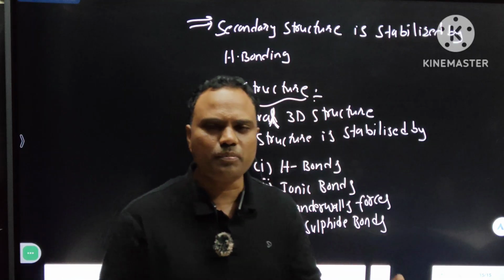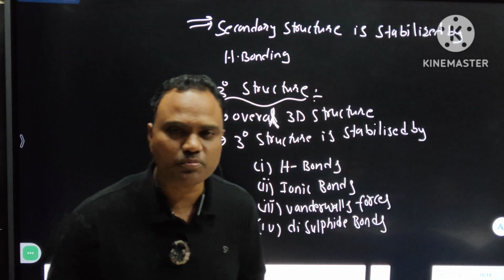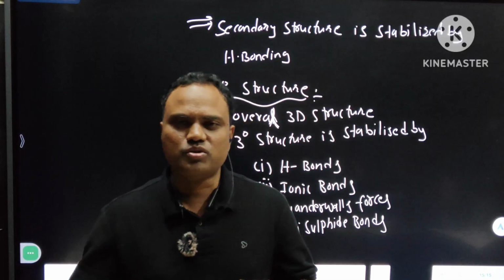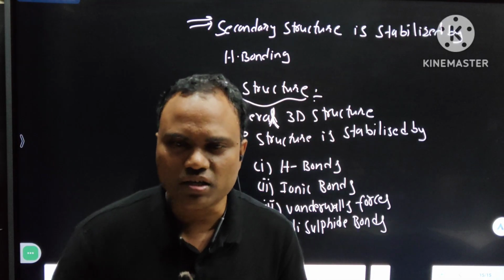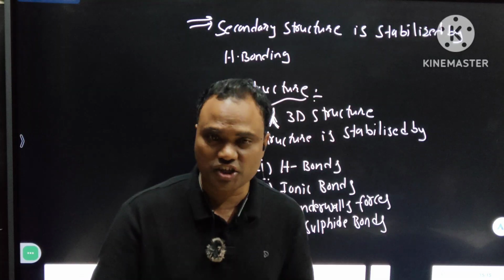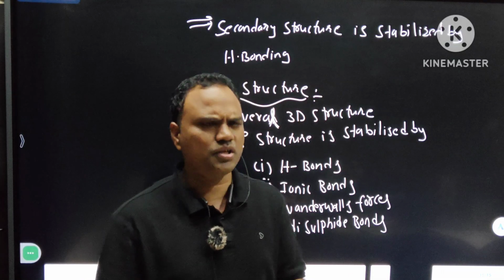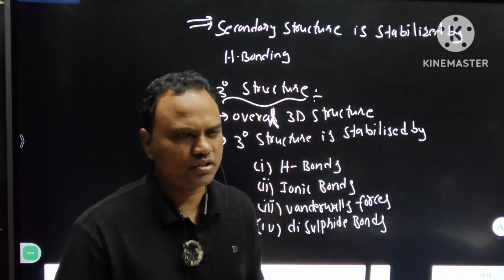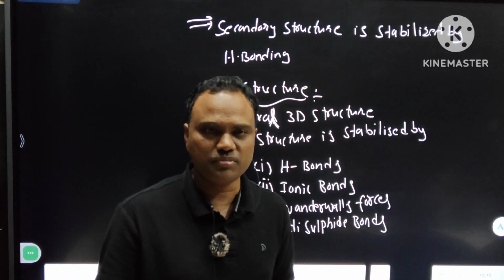So denaturation is changing the property or biological activity of a protein by adding acid or base, changing the pH, or by heating. The best example is boiling of an egg. Physical methods include boiling, agitation, mixing.